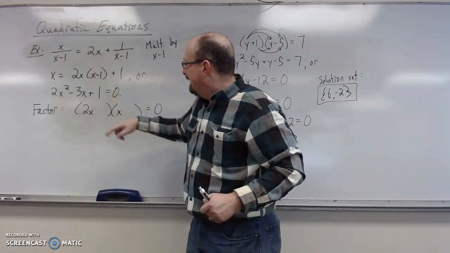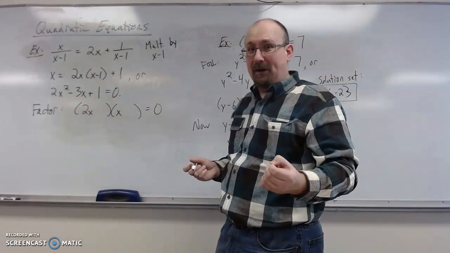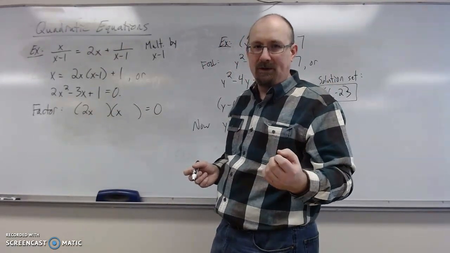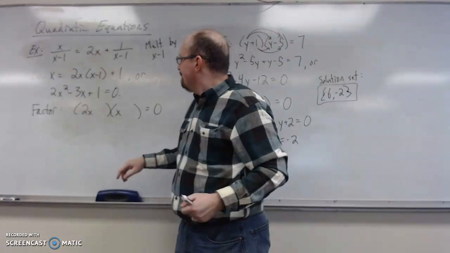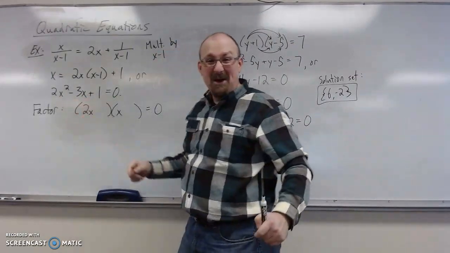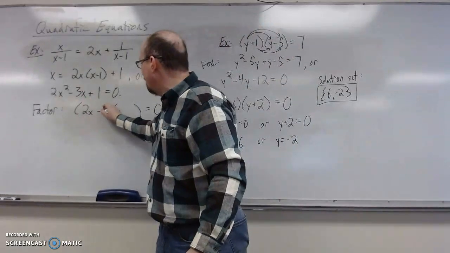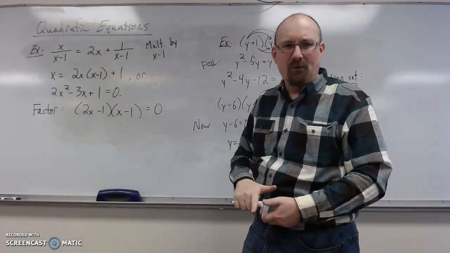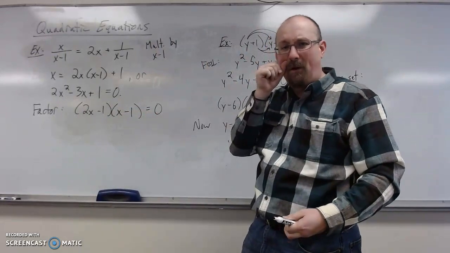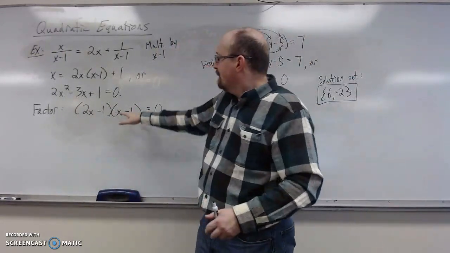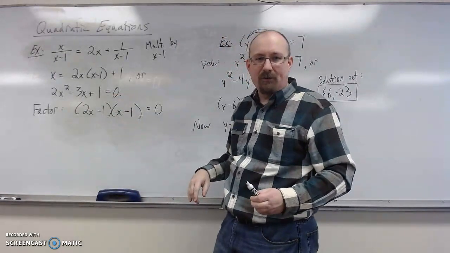We also need two numbers that multiply together to give us 1. There's really only two options, 2 positive ones or 2 negative ones. Since this guy in the middle is negative this time around, that indicates we need a pair of minus 1s in this instance. And again, if you check that via the FOIL algorithm or the box method or whatever you want to do, you'll end up getting 2x squared minus 3x plus 1.